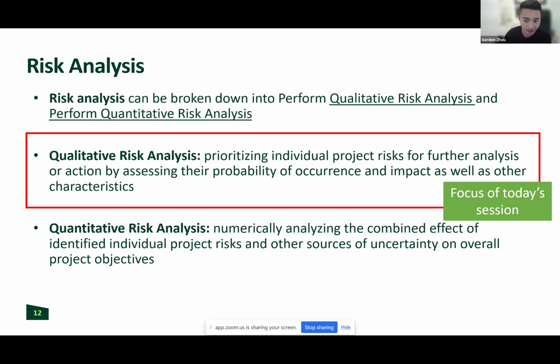There are programs and statistical models for that. It's pretty rigorous, pretty time consuming, and very, very costly. I won't spend any time in that area, but just note that there are more quantitative, rigorous ways of doing it. So today, let's focus on qualitative risk assessment.